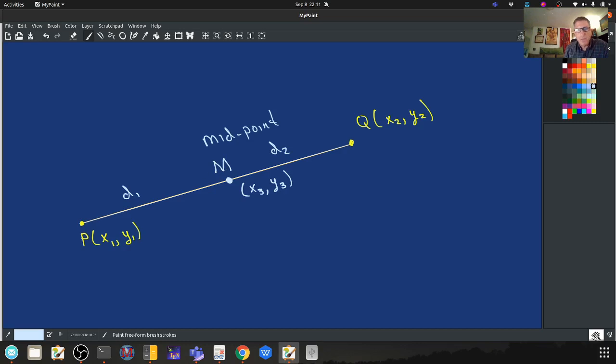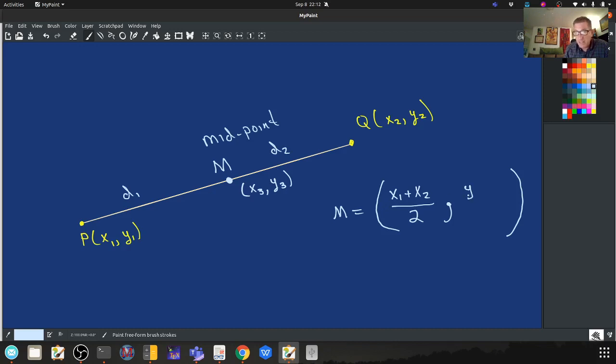So the midpoint M has the following coordinates. M is a point. What you do is you add both of the x coordinates and you divide by 2, and that gives you the first slot of the ordered pair that denotes the location of M. And guess what?